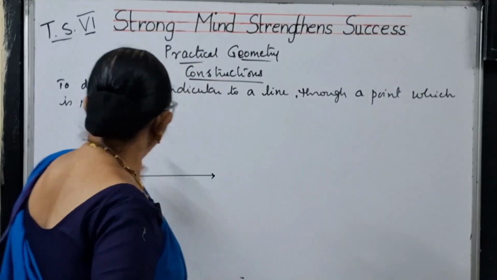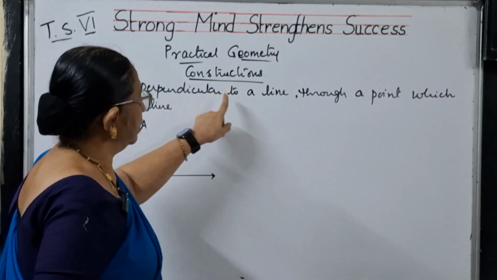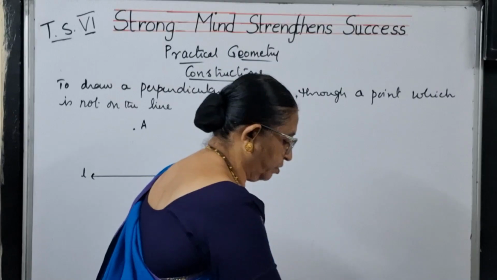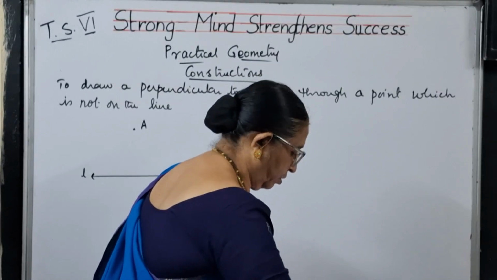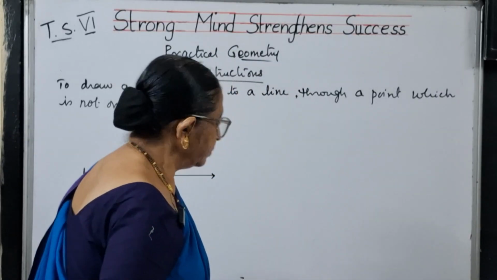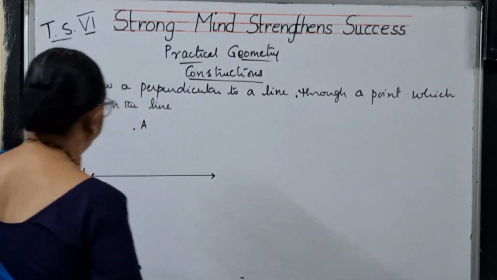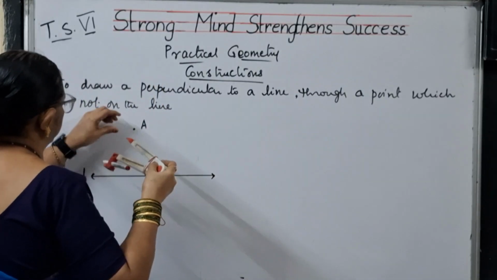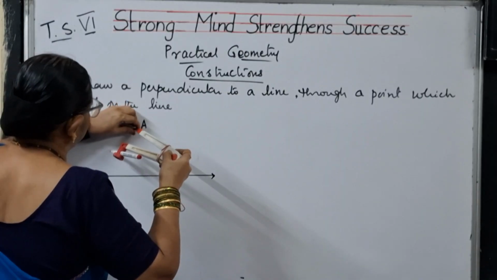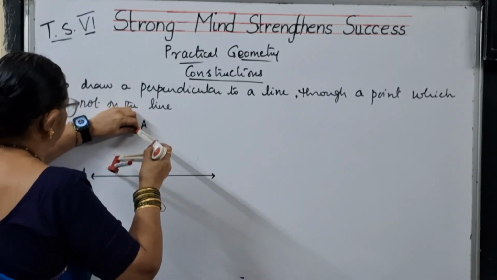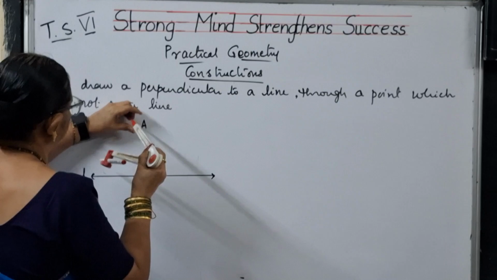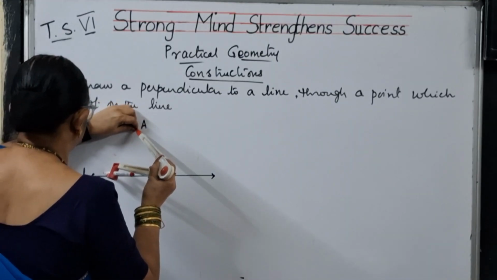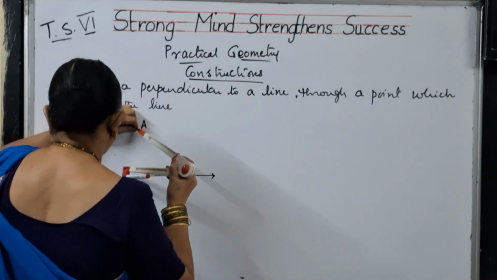That is why it is said to draw a perpendicular to a line through a point which is not on the line. So for that, what you have to do is keep your compass pointer here at A, and with some radius, draw two arcs like this.